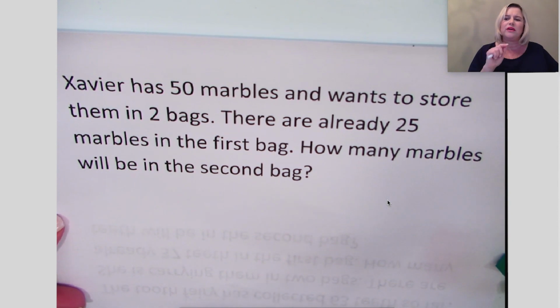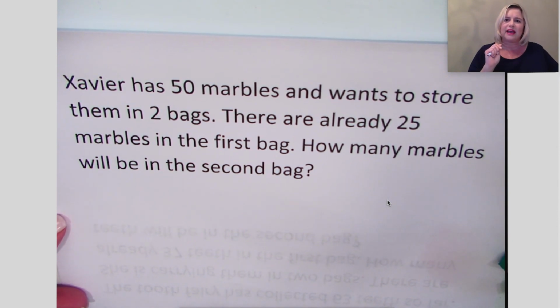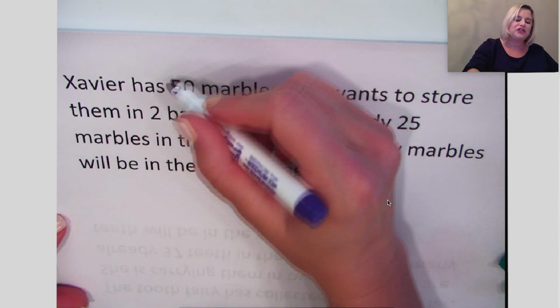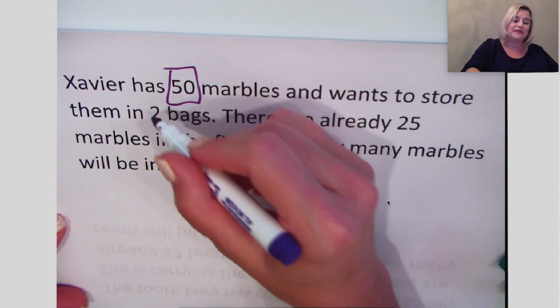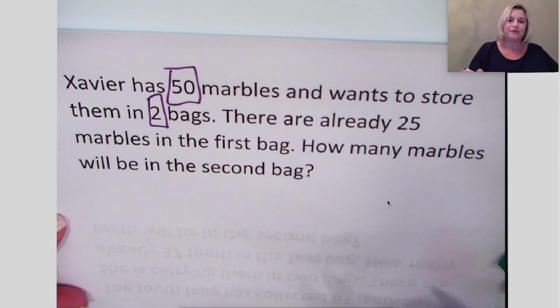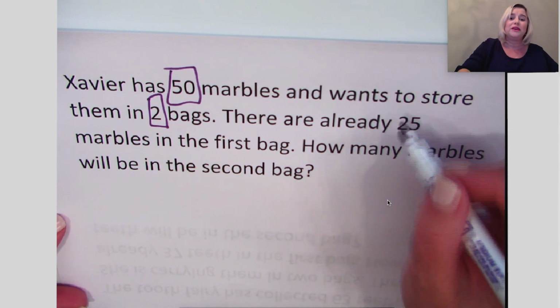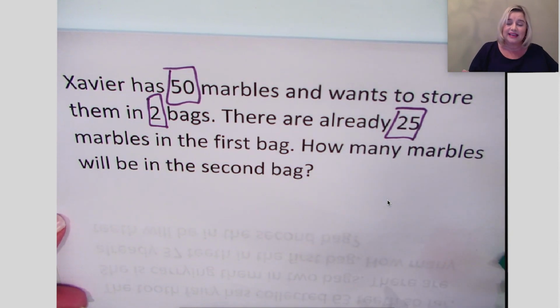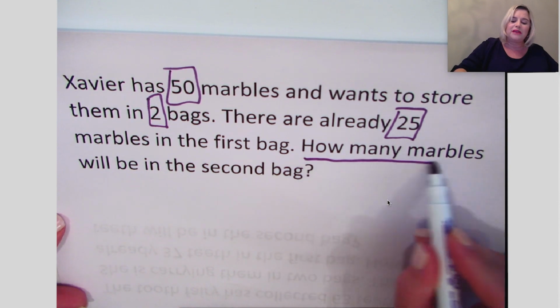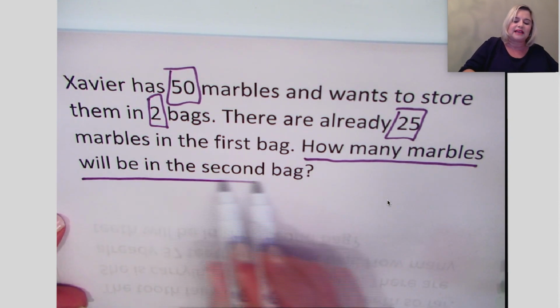What is some important information we need to outline here? Very good, Owen. We need to know that we have 50 marbles and we need to store them in 2 bags. And we already have 25 marbles in the first bag. And it's asking us how many marbles will be in the second bag.